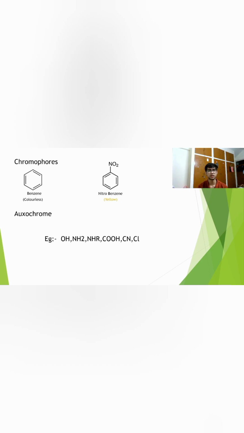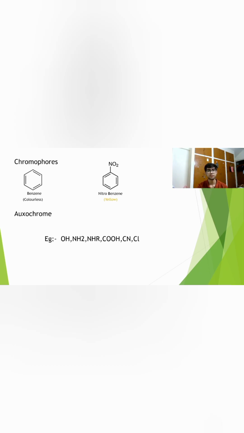If in detail we talk about NH2, NH2 itself is not responsible for color in a compound, but when it is attached with the nitro group of nitrobenzene, it increases the color imparting property of the nitro group. So what did the auxochrome do such that the color imparting property of the chromophore increased?